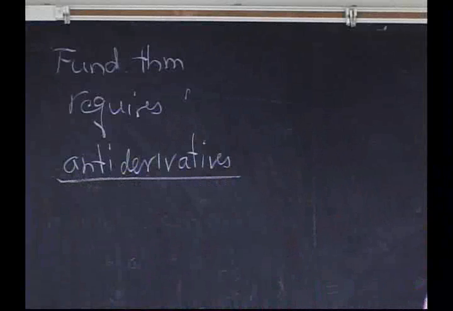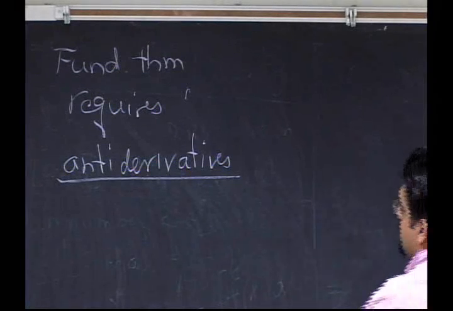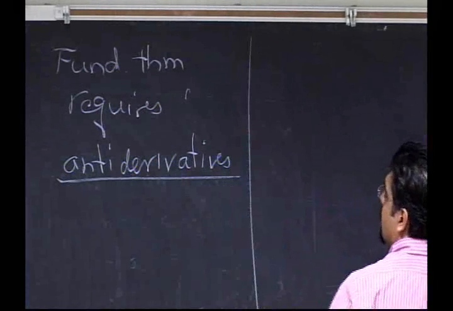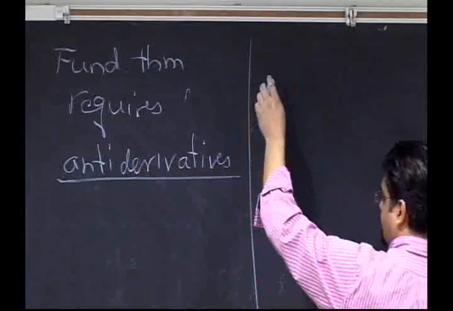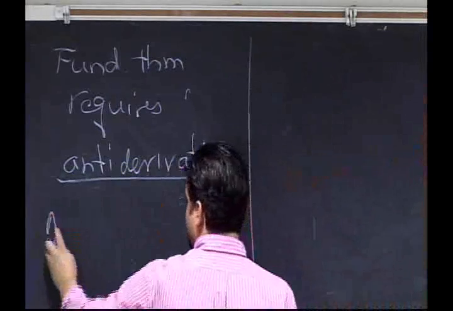Okay, so what is an antiderivative? An antiderivative is a function or a group of functions whose derivative is the original function.